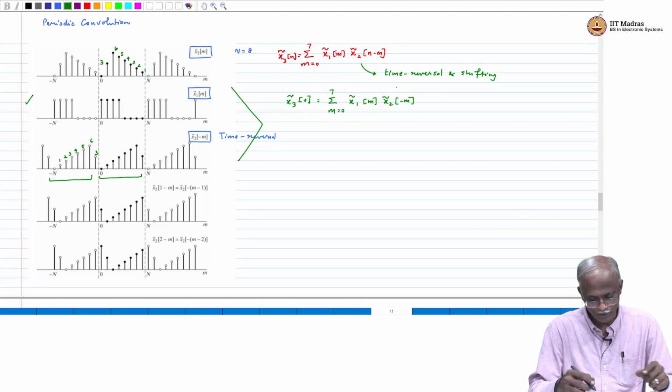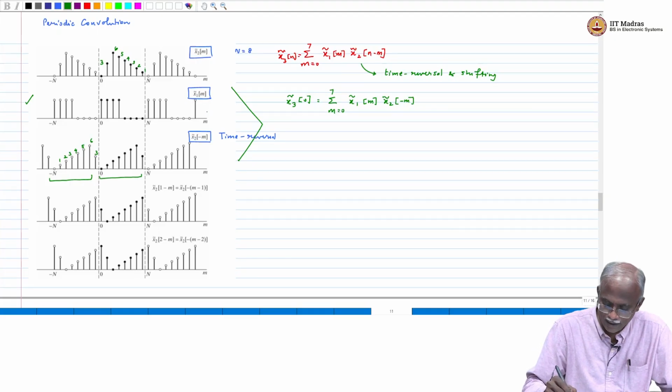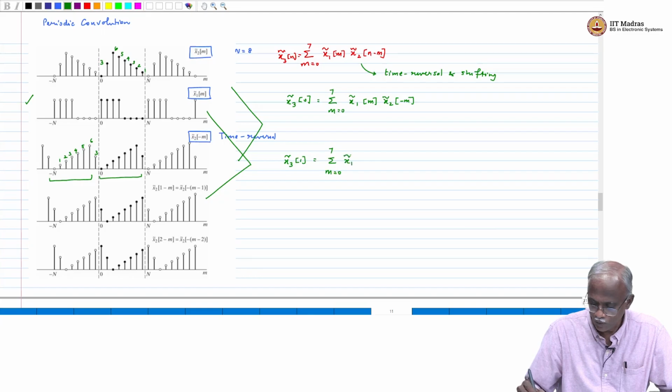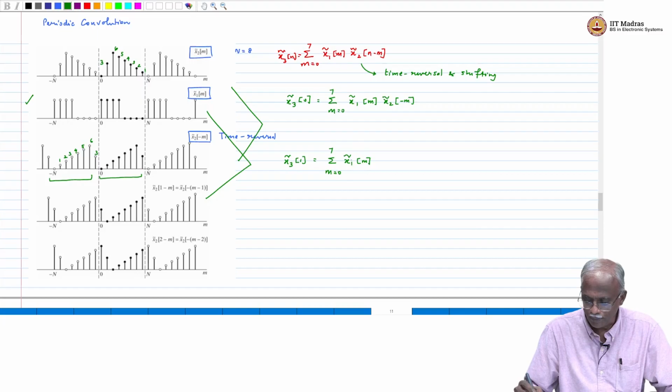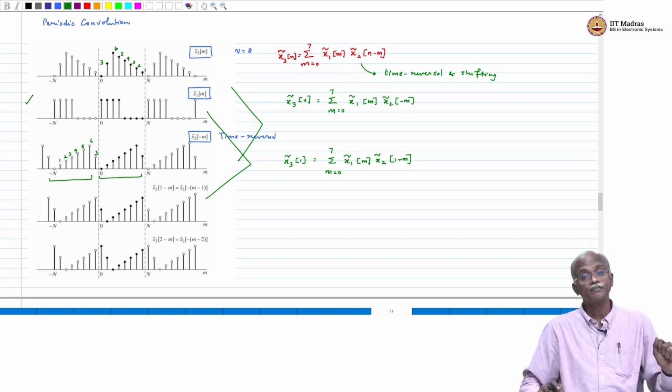That is the first term. If I want the second term, I need to shift one of the sequences. So x3 tilde of 1 is equal to summation m equal to 0 through 7 x1 tilde of m, exactly the same sequence, multiplied by x2 tilde of 1 minus m.